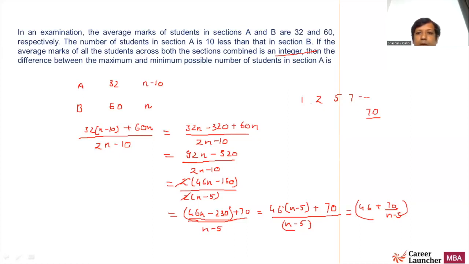Now, the smallest factor of this is going to be 1. So I can have n minus 5 is equal to 1 itself. So n comes out to be 6. Then I can have n minus 5 equal to 70 itself.